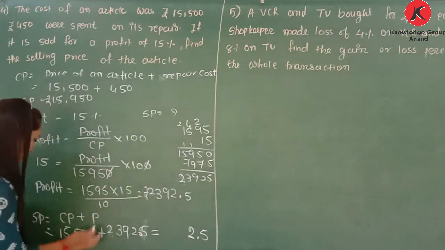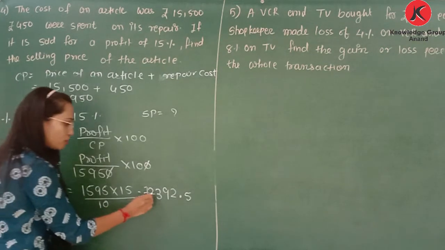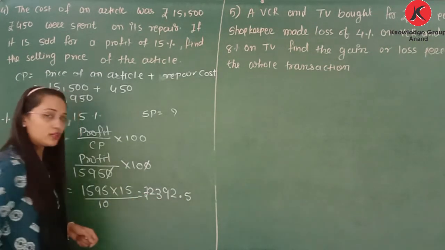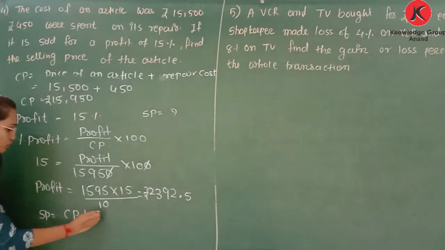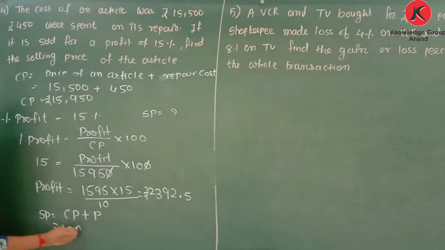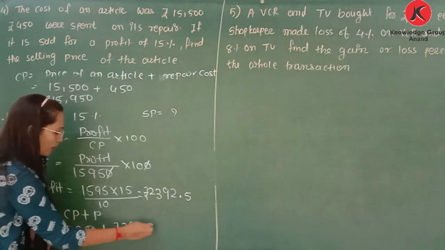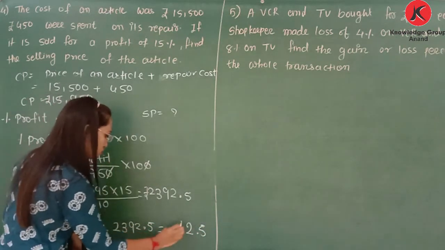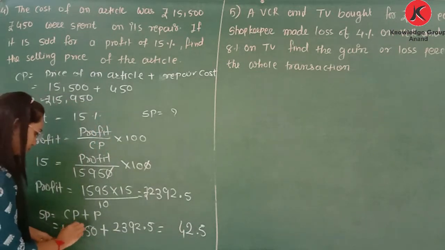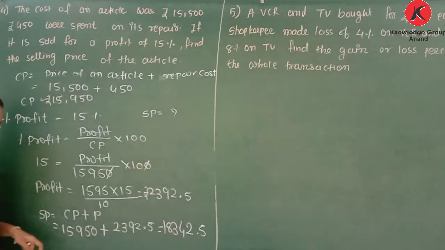So if you divide this, you will get 2392.5. So now SP is CP plus profit. Our CP is 15,950 plus 2,392.5. Now add this, we will get 18,342.5. Okay, so this is our selling price.